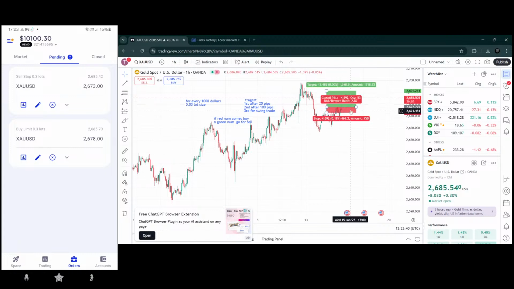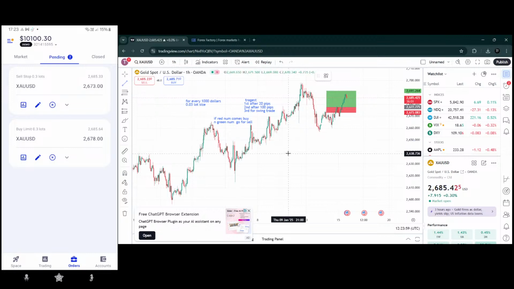Three things market can do. One is market is on 85 and the news is at 6:30. So market comes here and makes a spike downside and moves upside.